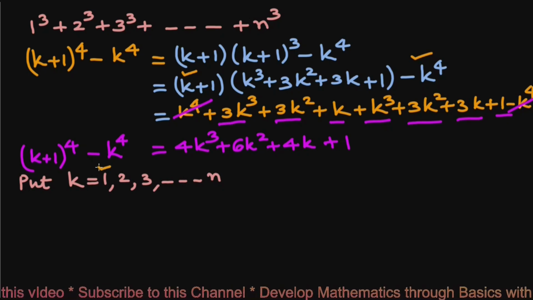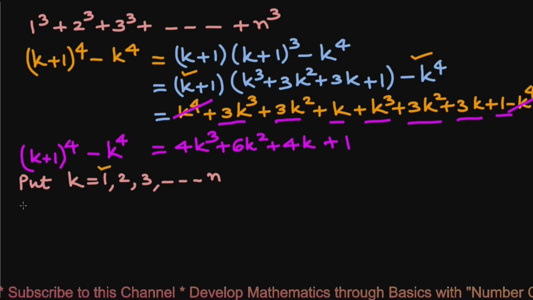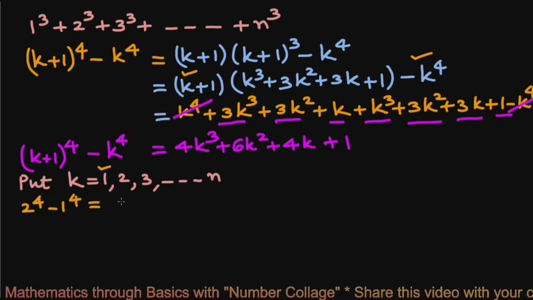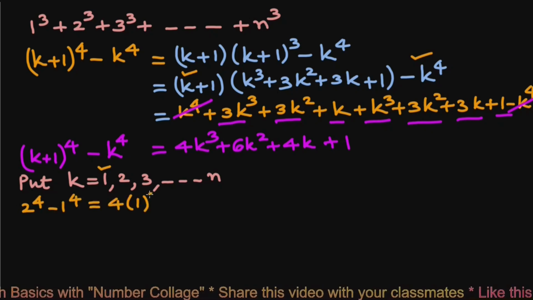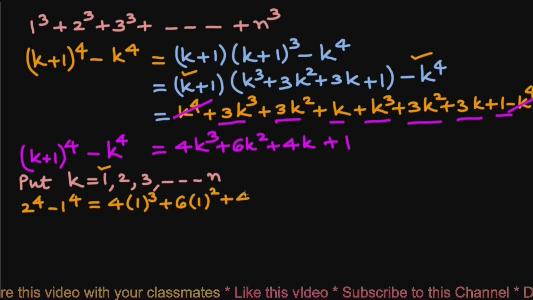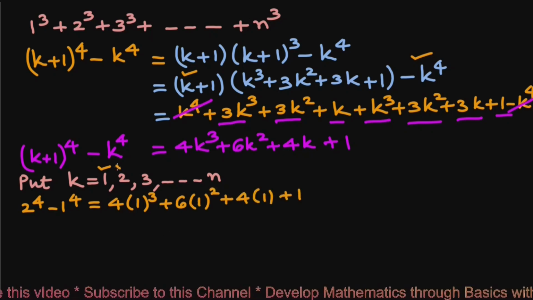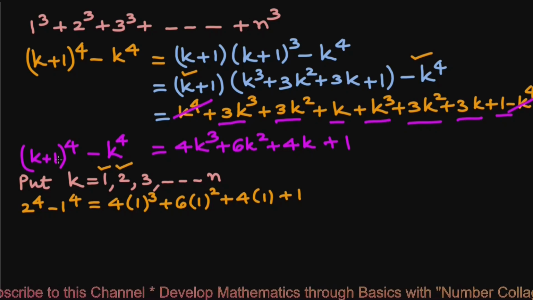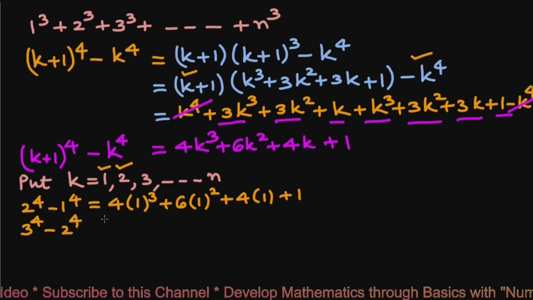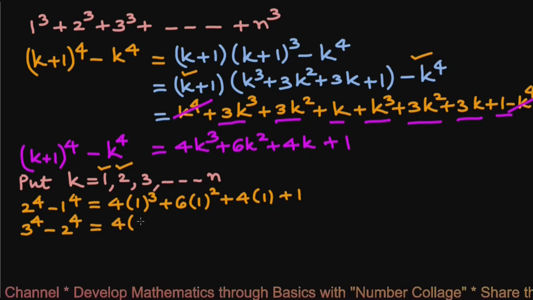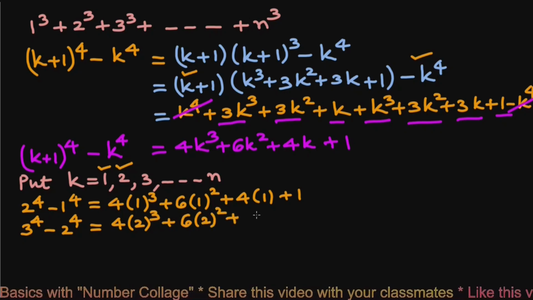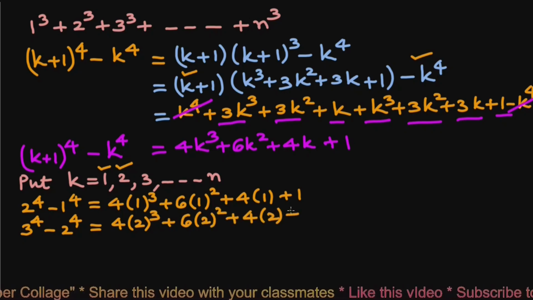For this one, we write 1 plus 1, that is 2 power 4 minus 1 power 4 equals 4 into 1 cube plus 6 into 1 squared plus 4 into 1 plus 1. For k equals 2, we write 2 plus 1, that is 3 power 4 minus 2 power 4 equals 4 into 2 cube plus 6 into 2 squared plus 4 into 2 plus 1.